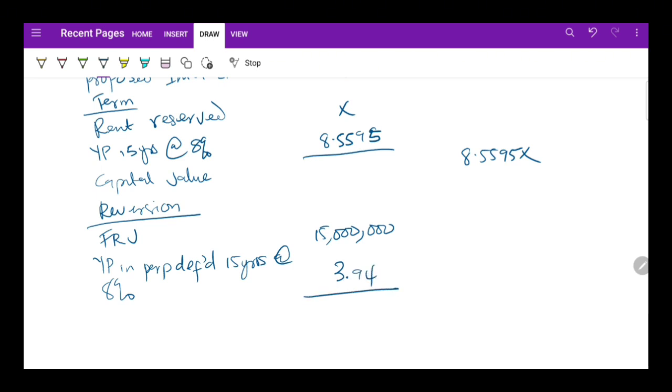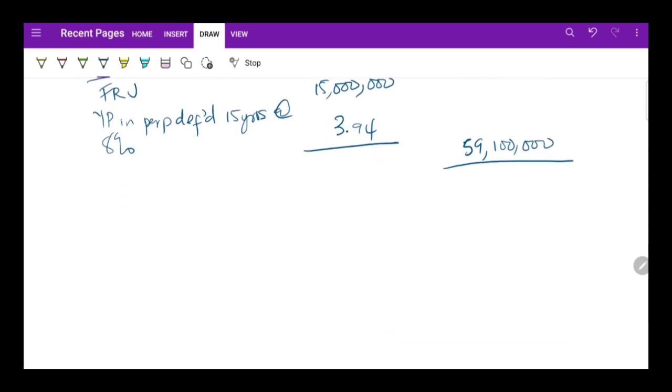We capitalize that and it gives us 59,100,000. Okay, so we add the term and reversion together, and what it gives us is 59,100,000 plus 8.5595x. Right, so this is our total proposed freehold interest.